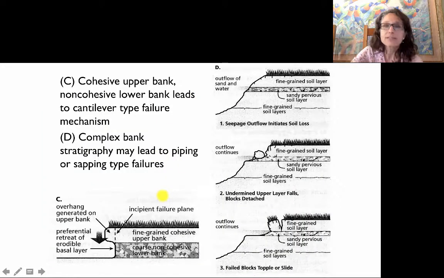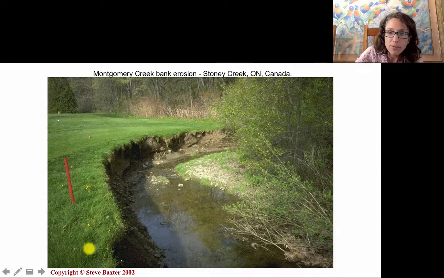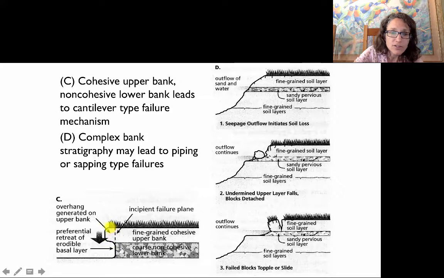So here, for example, where do we start? Down here. So we have coarse, non-cohesive lower bank and fine-grained cohesive upper bank. So let me go back up one. So down here, you can see the larger cobbles. And so you erode away underneath and you leave this chunk unsupported, and then eventually it can fall off.